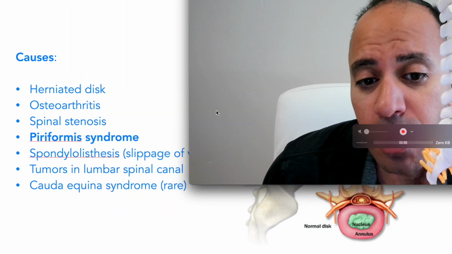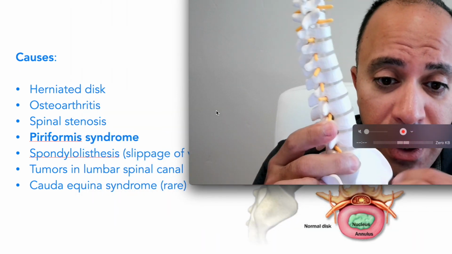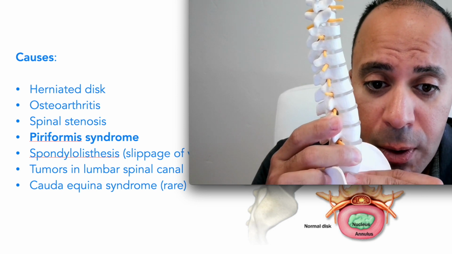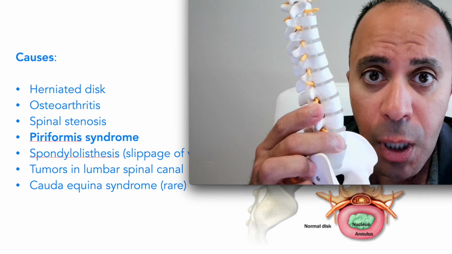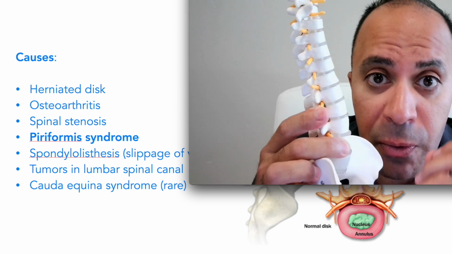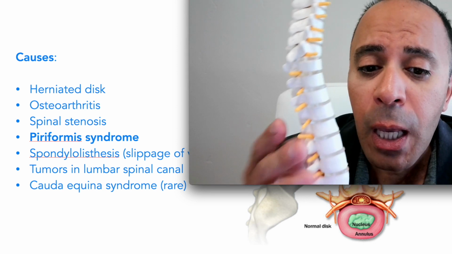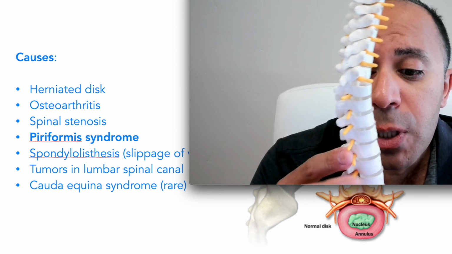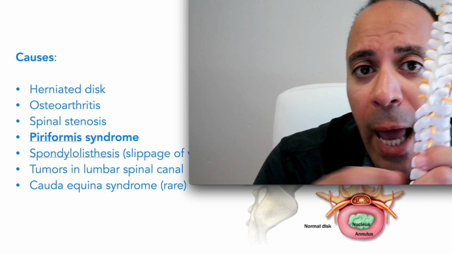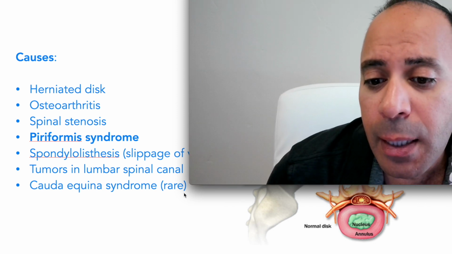The other cause is stenosis. It's not as common as the other ones on the list, like osteoarthritis, the herniated disc, or piriformis syndrome. Spinal stenosis means we have the spinal canal in the middle. You cannot see it here, but internally you have the spinal canal. You see the nerves coming out here.